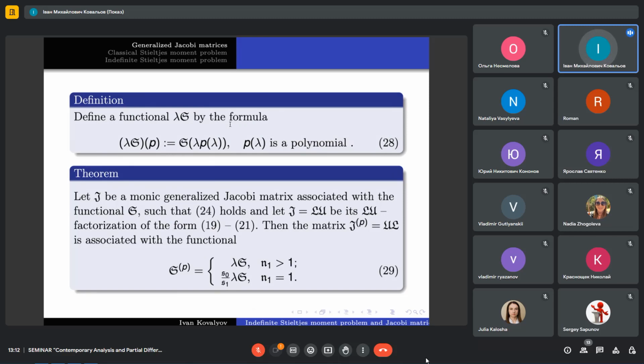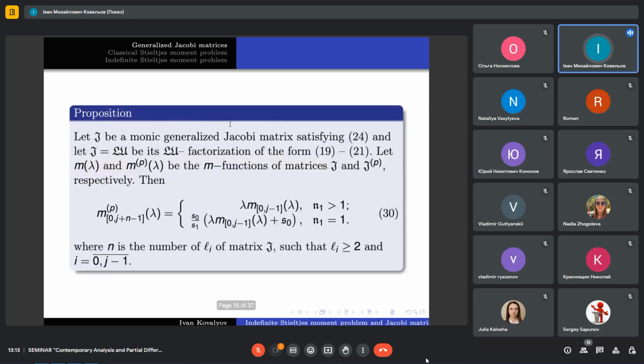The first one, we define the linear functional lambda s by formula 28, and in this situation we get the following: if J admits LU factorization, then the Darboux transformation of matrix J is JP, and the new matrix is associated with a new linear functional SP, which is defined by formula 29.